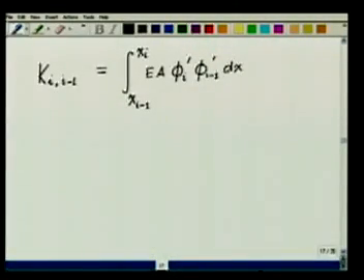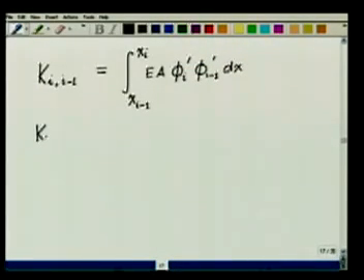You see that for the other part, that is for element I, the integral from xi to xi plus 1, the function phi I minus 1 is 0, so that part disappears. That's why we have not written that.